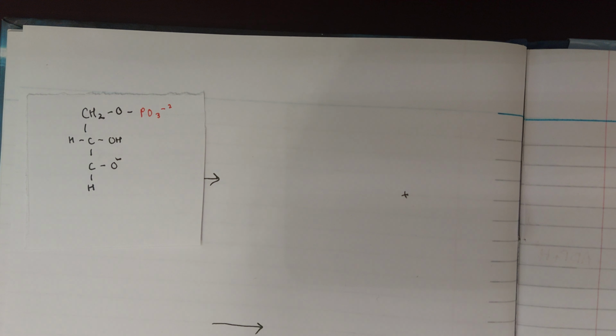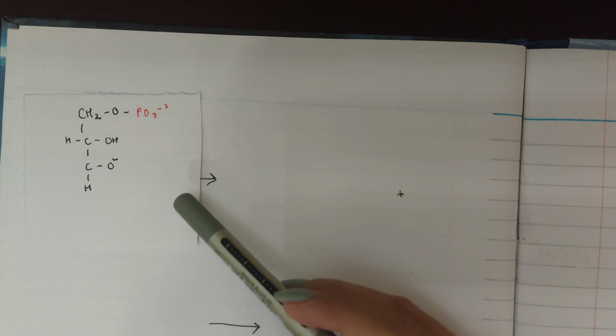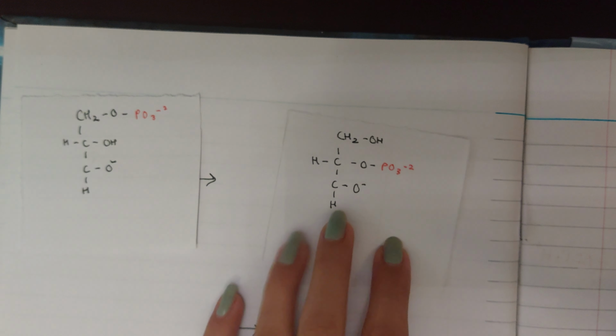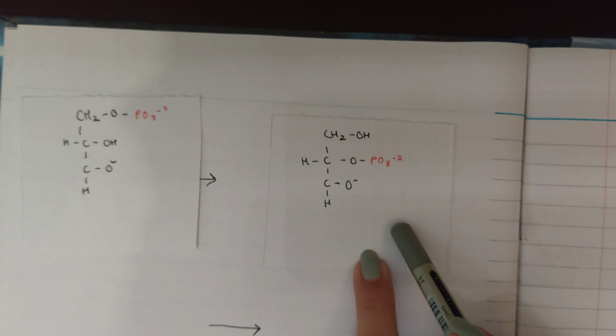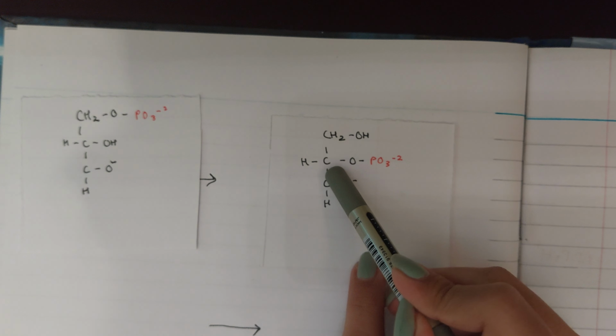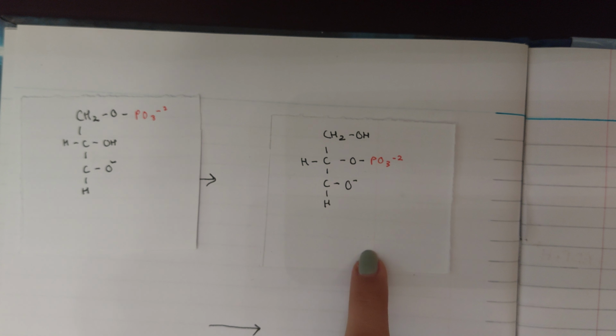Next is the repositioning phase, in which the 3-phosphoglycerate moves the phosphate group below, and it produces 2-phosphoglycerate, as the phosphate is on the second carbon. This uses an enzyme called phosphoglycerate mutase.